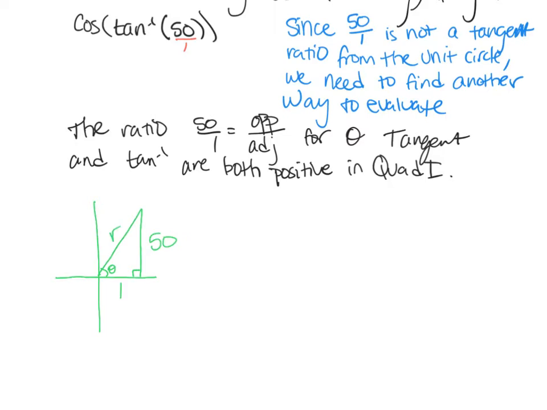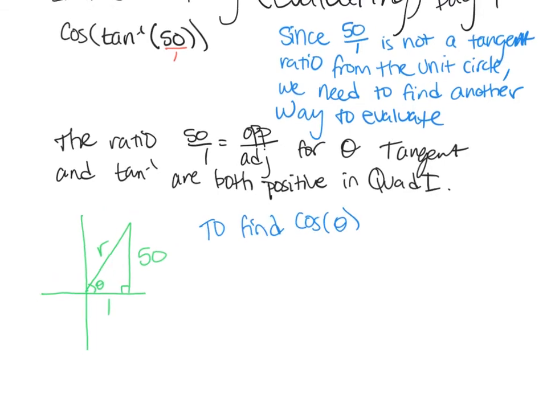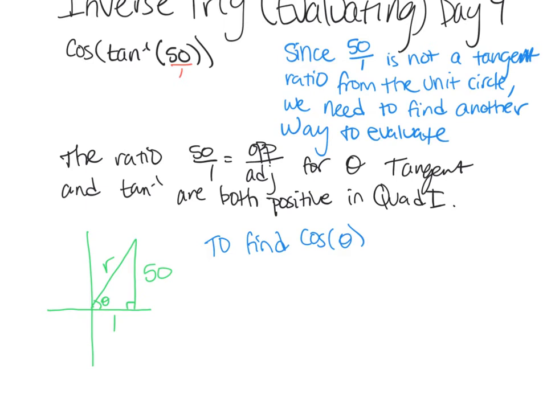Now the overall goal, I'm going to write this in blue, is to find cosine of whatever this angle is. We need to remember that that angle is going to be tangent inverse of 50 over 1.